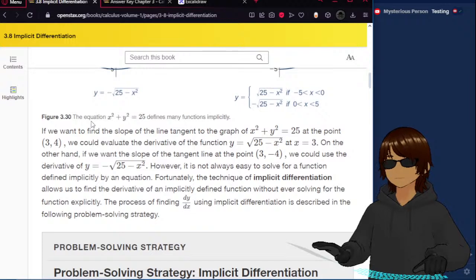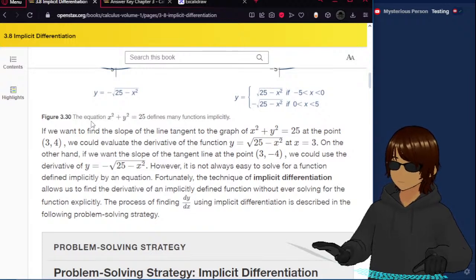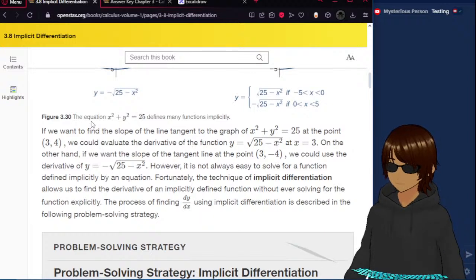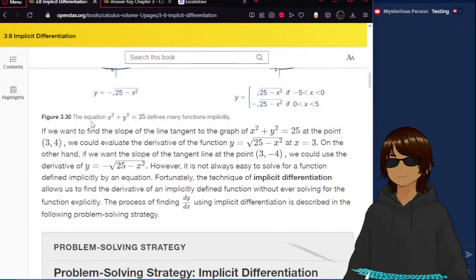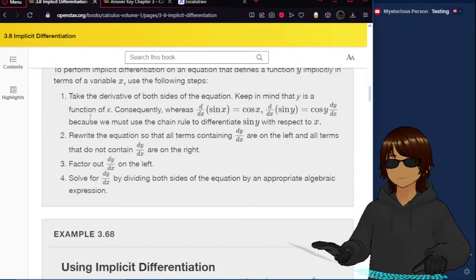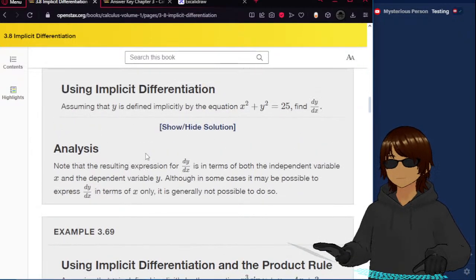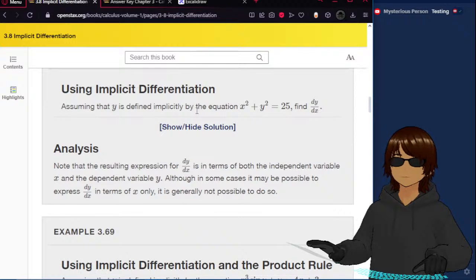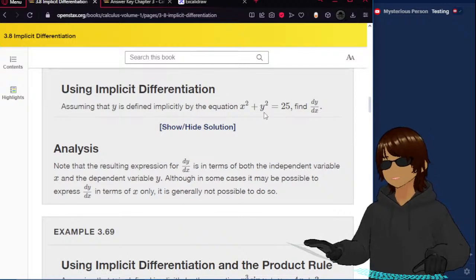Okay. Hold on. Assuming that y is defined implicitly by the equation x squared plus y squared equals 25, find dy over dx.